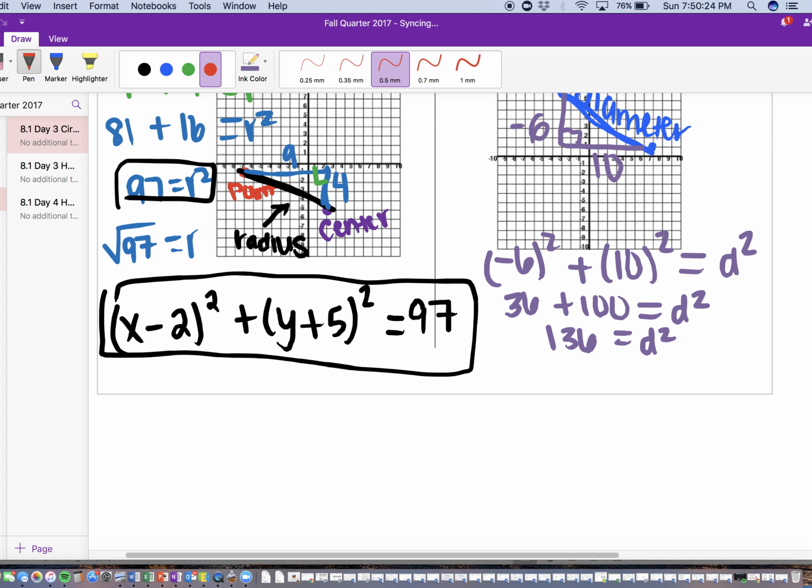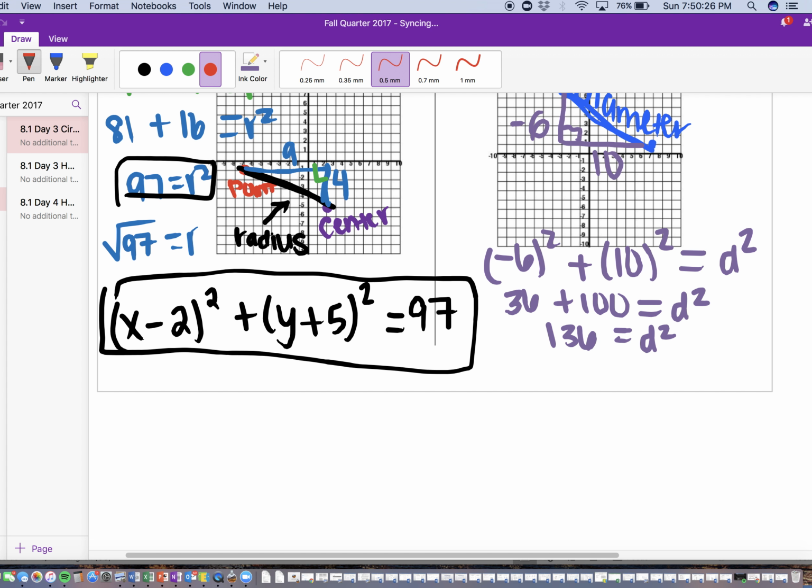But to get the radius, first it's helpful to find the diameter. So to get the value of d, I need to square root both sides of d squared. So the square root of 136 will be equal to the diameter.